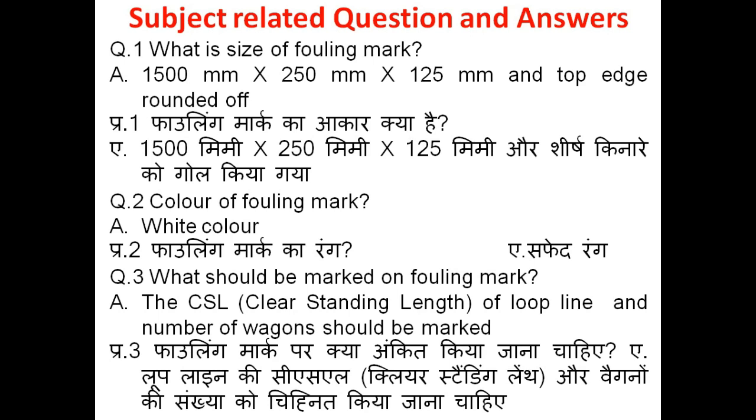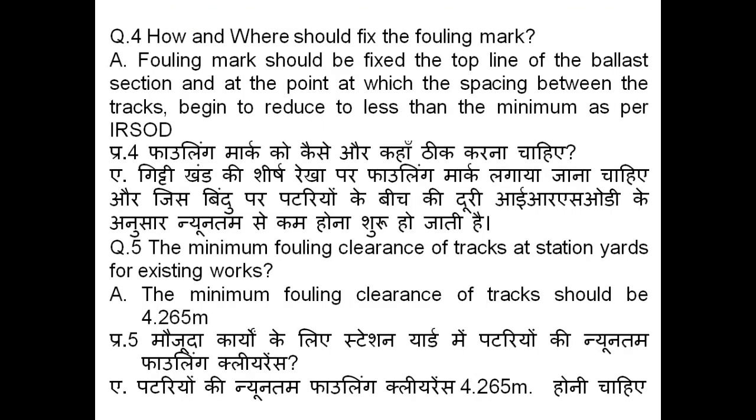Question number 3. What should be marked on a fouling mark? On the fouling mark, the CSL, meaning clear standing length or clear standing room of the loop line, and the number of vehicles accommodated in the loop line should be marked. Question number 4.